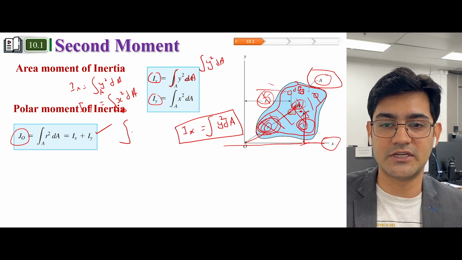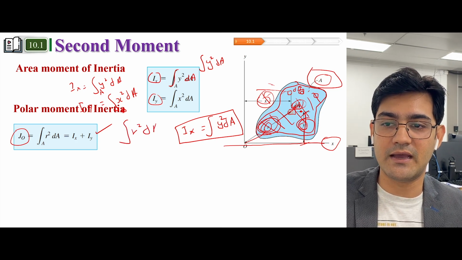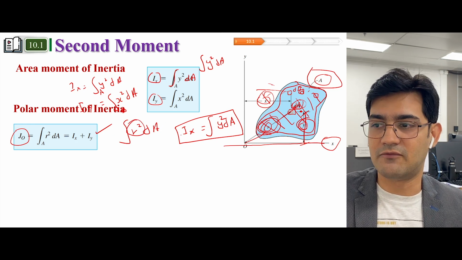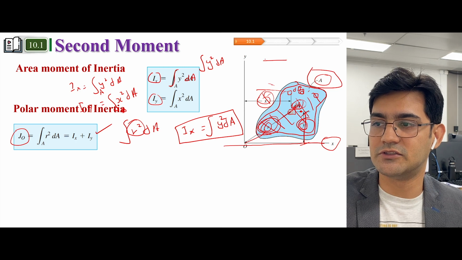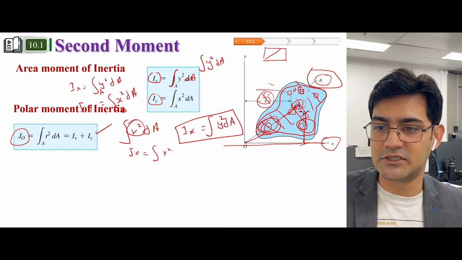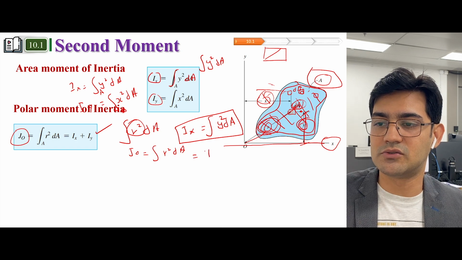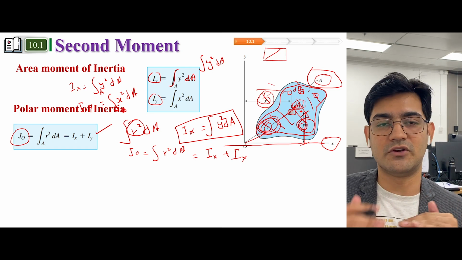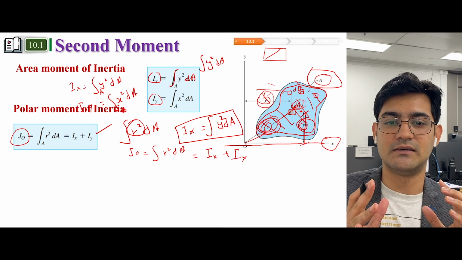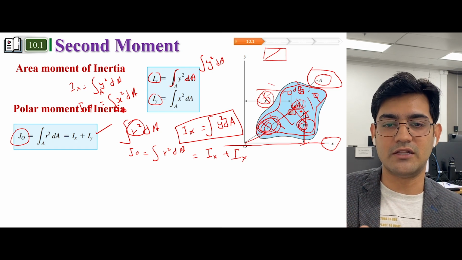So polar moment of inertia would be the second moment of area around the radius, and if you do the mathematical formulation and use the geometrical triangular relations, you can understand that this polar moment of inertia, which is the integral of r squared dA, is also the summation of Ix and Iy. So if you add the moment of inertia along the x-axis and the moment of inertia along the y-axis, you can calculate the polar moment of inertia.